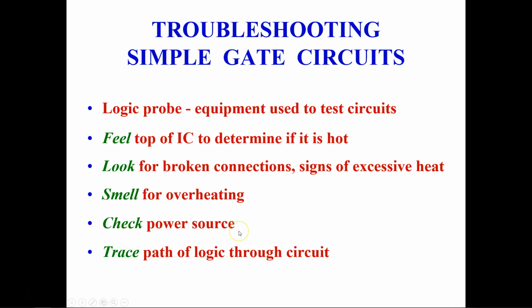Check the power sources, which is very important when you build the circuit. Make sure that power sources are connected correctly, the polarity is connected correctly, and then trace the path of logic through the circuit. Once you have built the circuit, make sure that what you are trying to achieve from the logic gates is what you are getting.